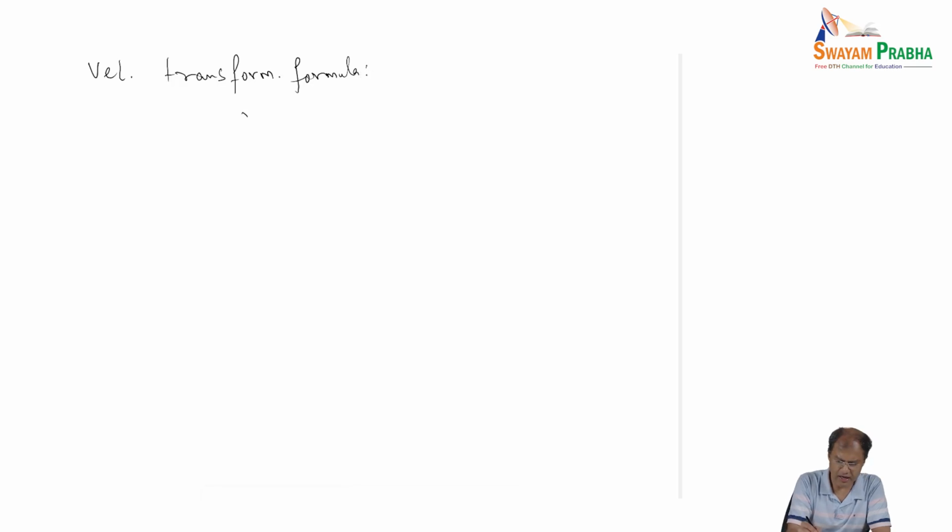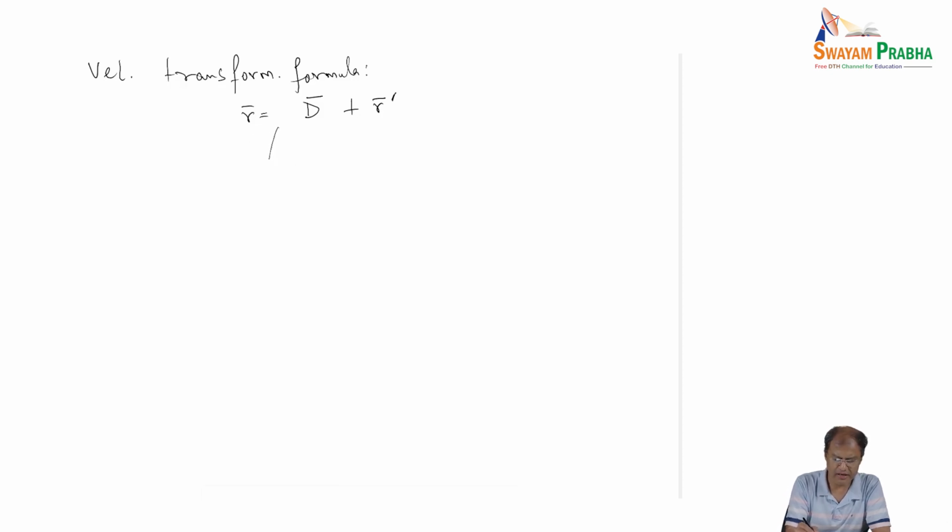So any position of a particle in the fixed frame will be the position of the moving frame plus the position in the moving frame of that particle. So that is what we have seen through the triangle law.